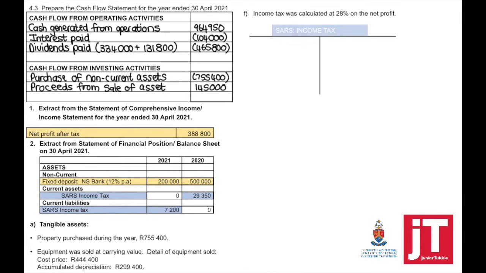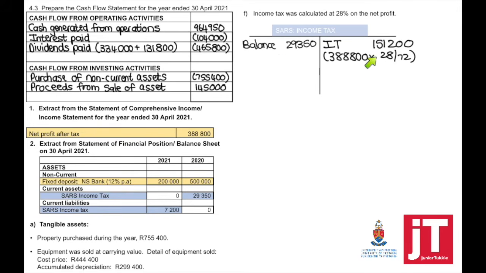When we look at a T account, we fill in the information and we take it from the balance sheet. We look at current assets, end of last year, SARS income tax, which shows SARS owes us, that is a debit balance.